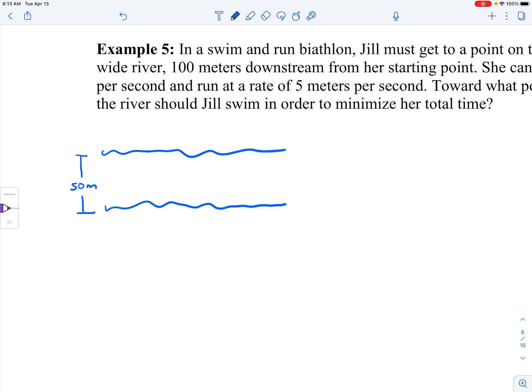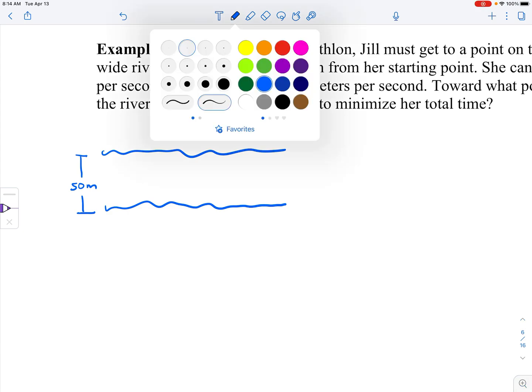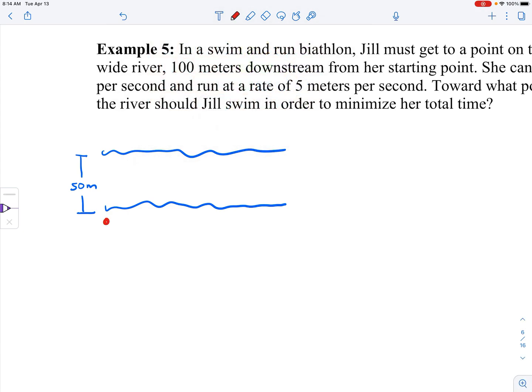Okay, in a swim run biathlon, that means she's going to have to swim across the river and then she's going to run the rest of the way to the finish line. So she has a starting point. I'm going to say that this is the start of the race. And the finish is 100 meters downstream from her starting point, but on the opposite side.